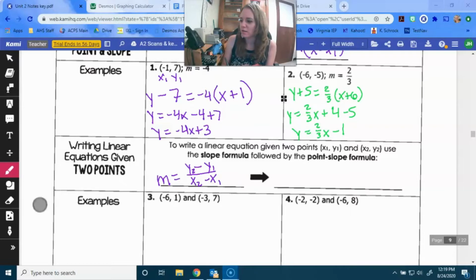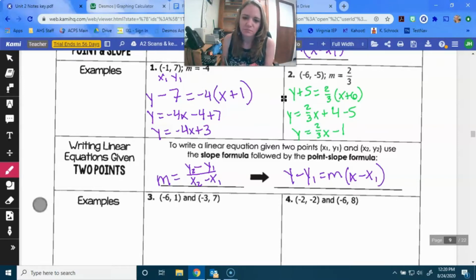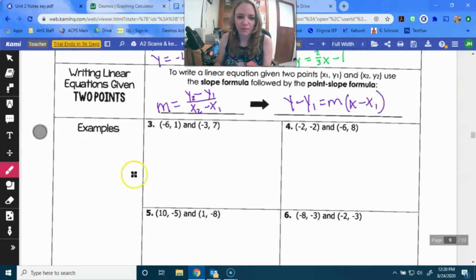And then you can put that into the equation we just did. You can put that in here, right in here for m, whatever that solution is. Okay? Alright.